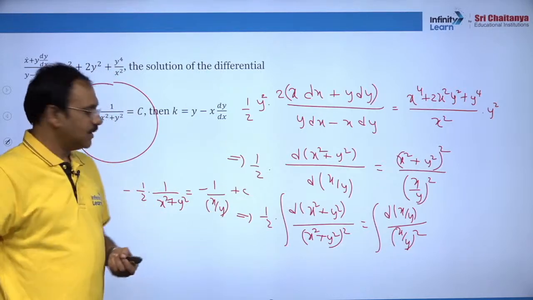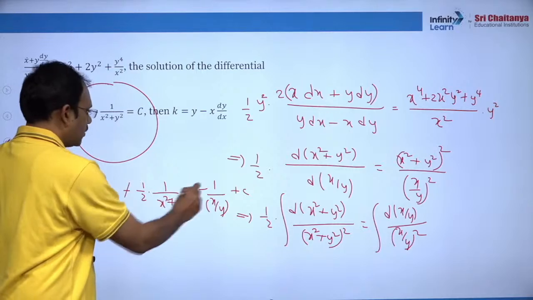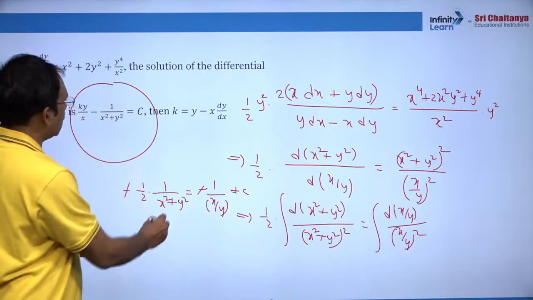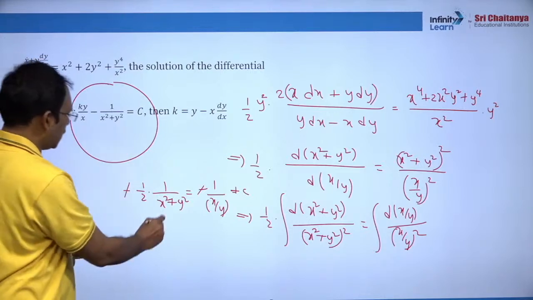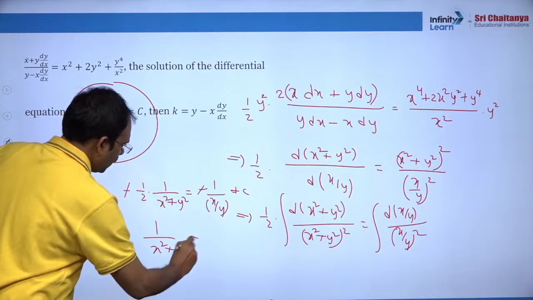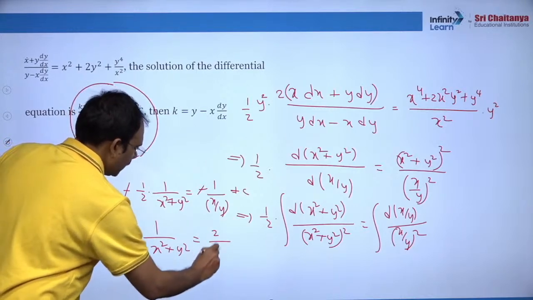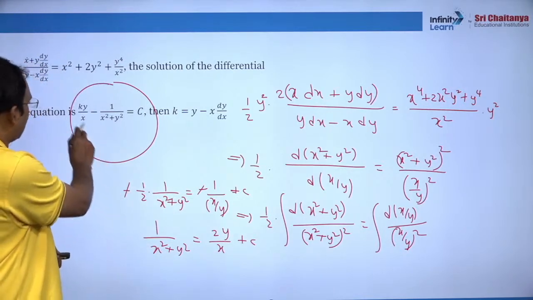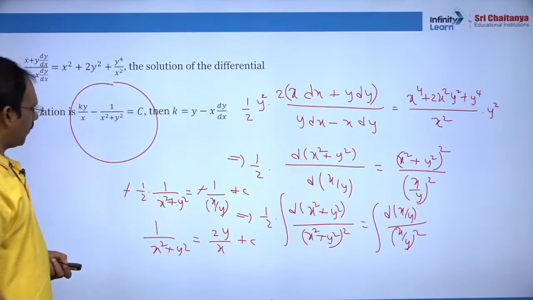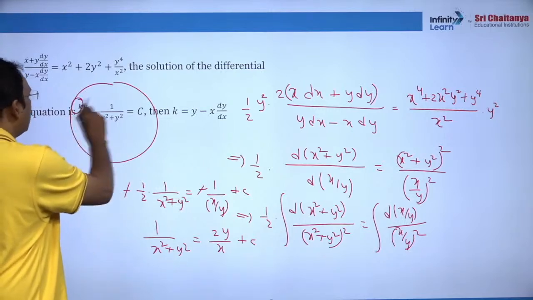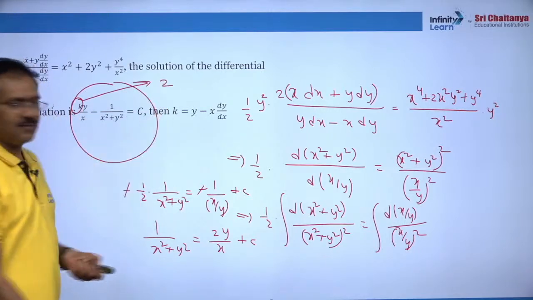You can cancel the minus and write plus c, so the solution is 1 by x square plus y square is equal to 2 by x by y plus c. This is just like 2y by x minus 1 by x square plus y square is equal to c. The k value must be 2, my dear friends, that is all.